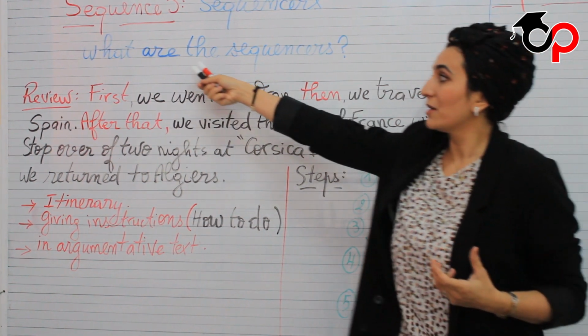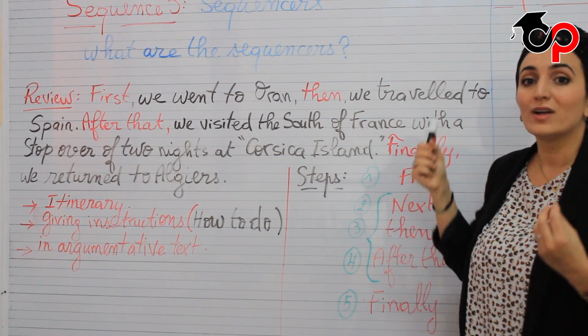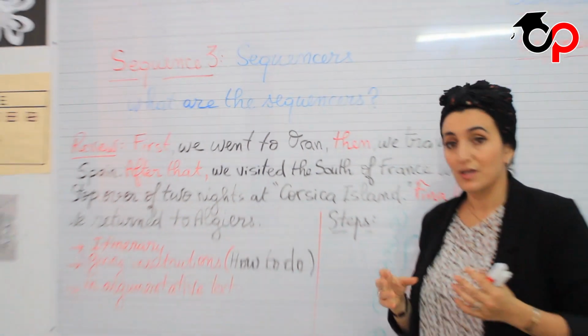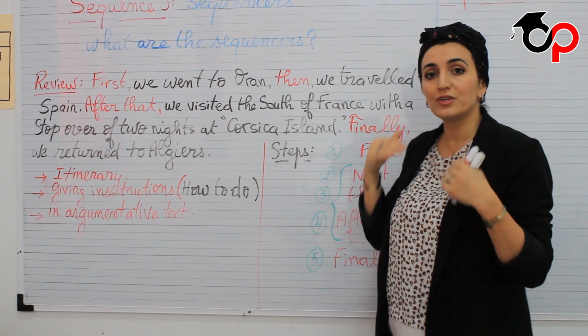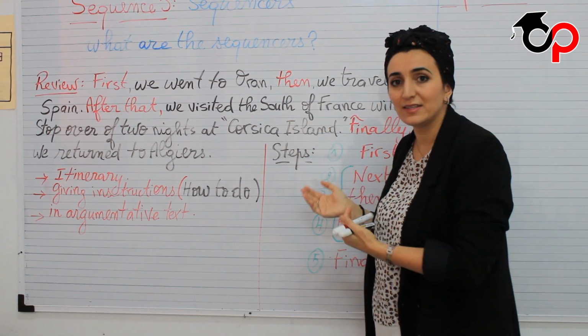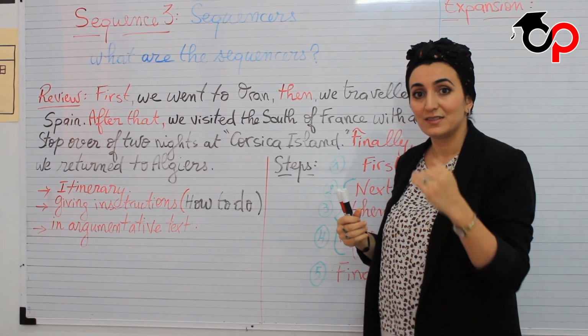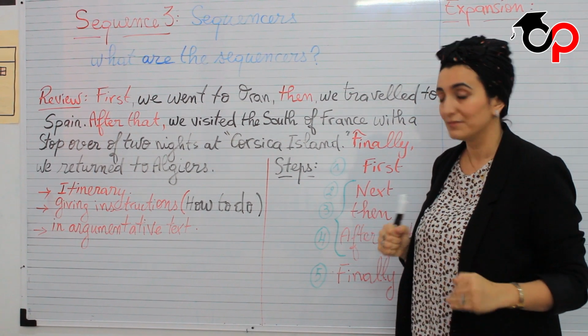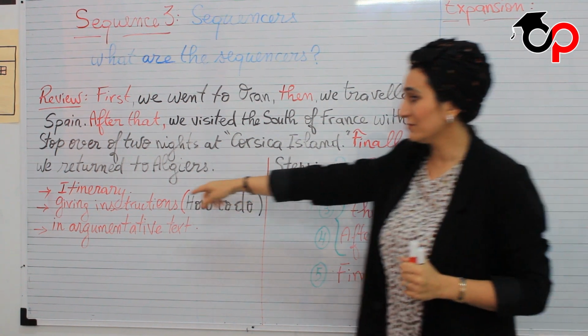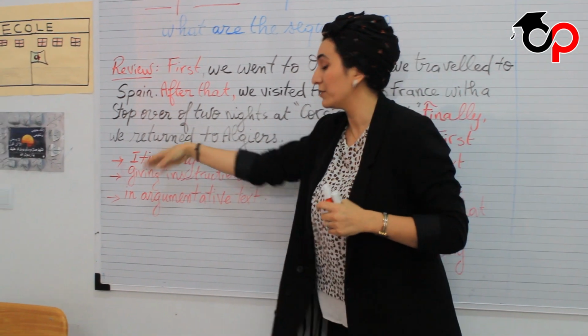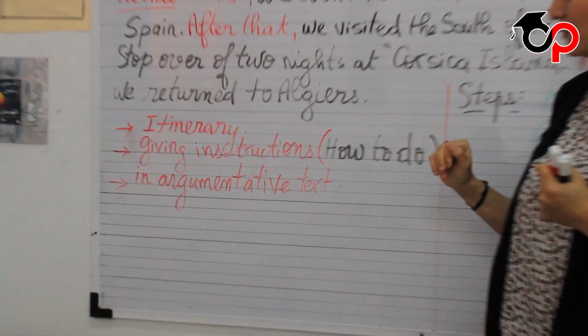So, come back to this question. What are the sequencers? They are just like words that we use to organize our writing, our ideas, to organize steps in order of time, okay? So, we often use the sequencers to talk about our itinerary, okay?